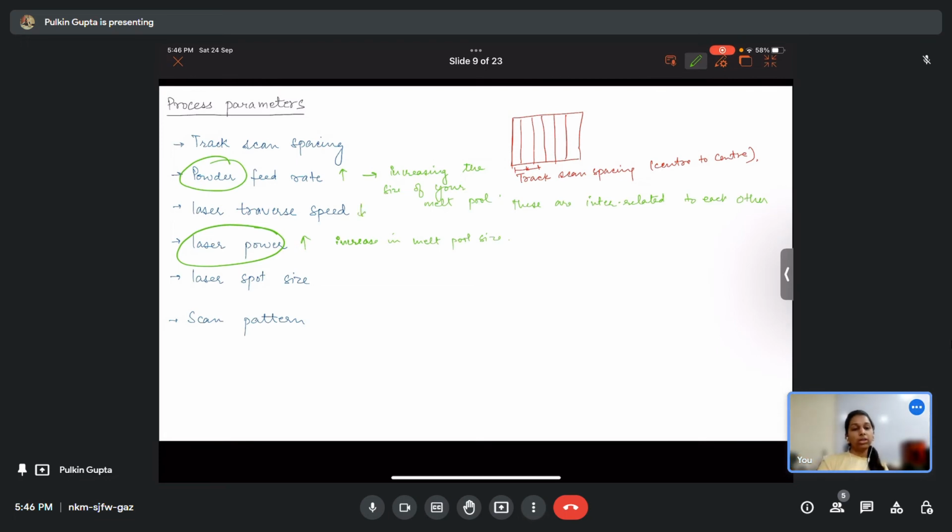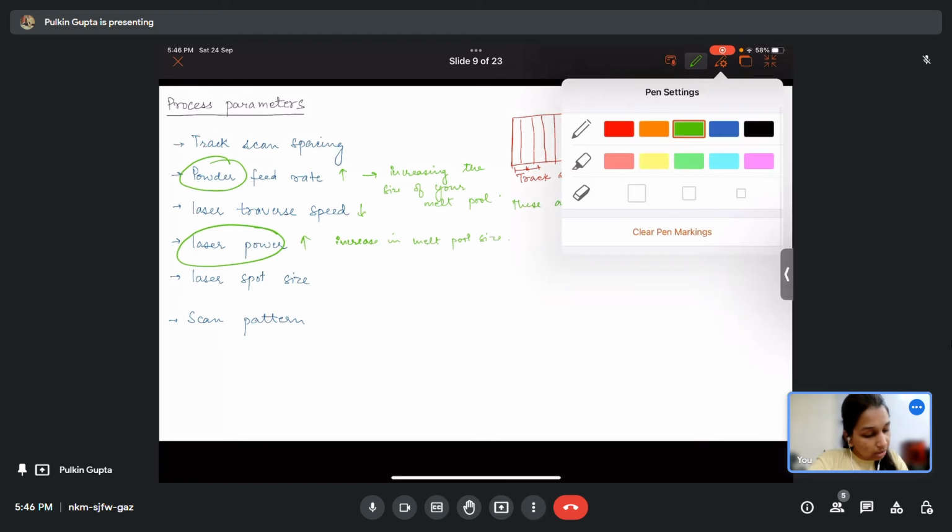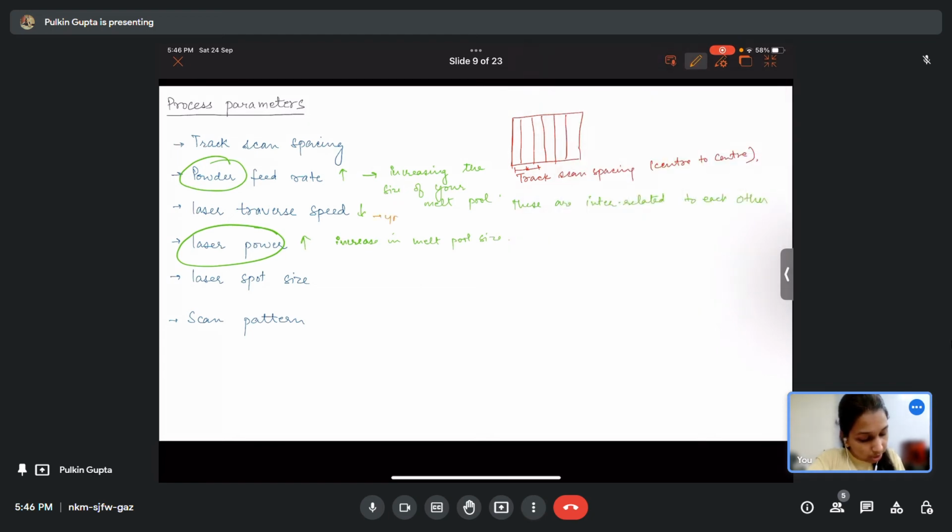And when you decrease your traverse speed, you'll be spending more time at one particular location. Okay, so when you spend more time at one particular location, then what will happen?